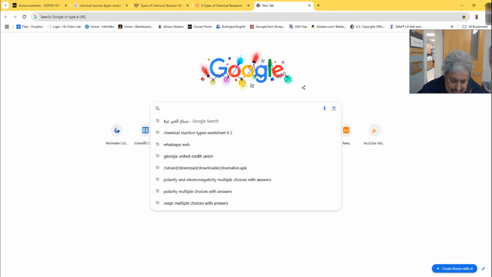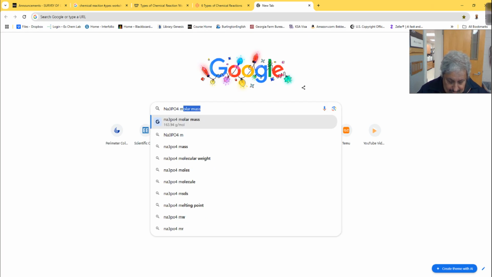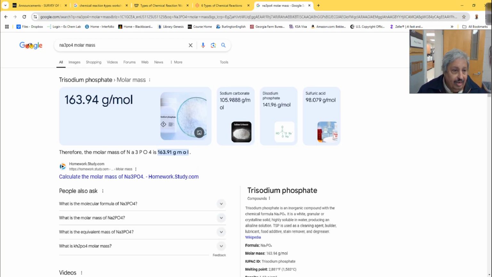So sodium phosphate, Na3PO4, molar mass. How much is it? We did 164.0, and they got 163.94. They used the real atomic masses.